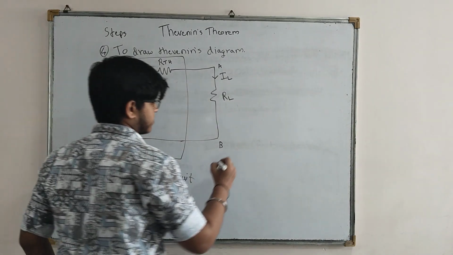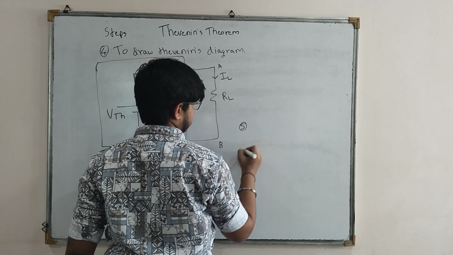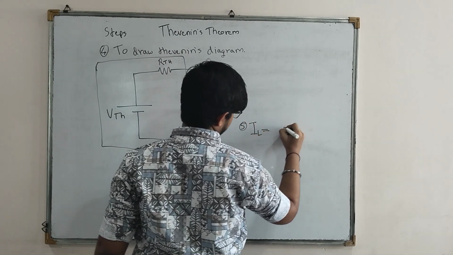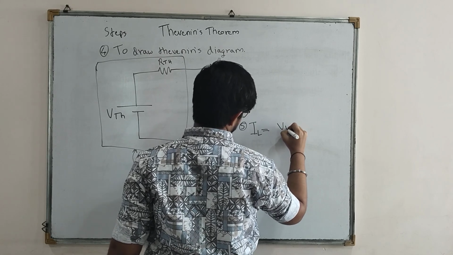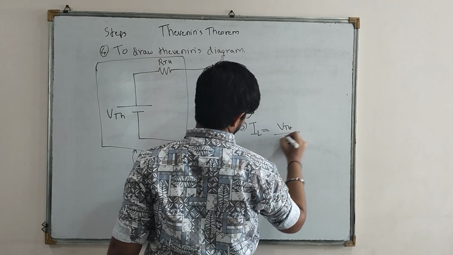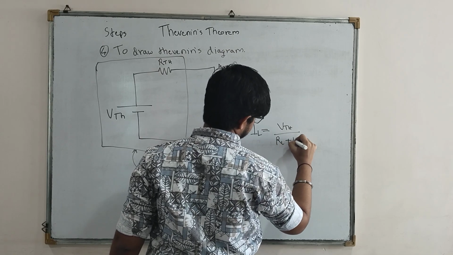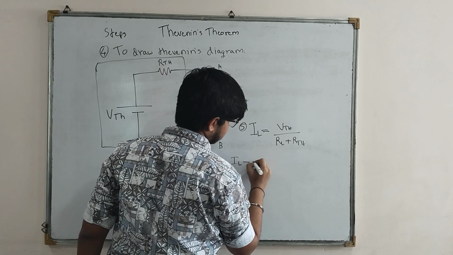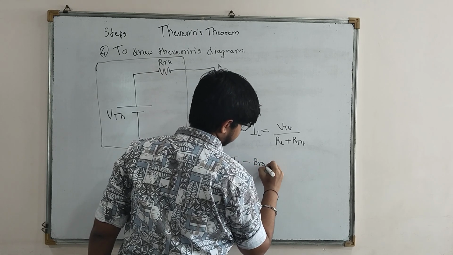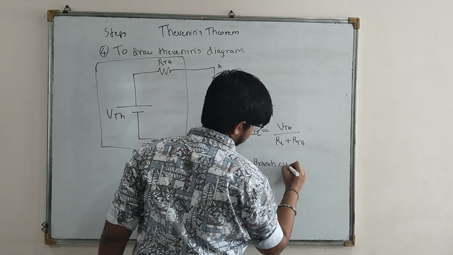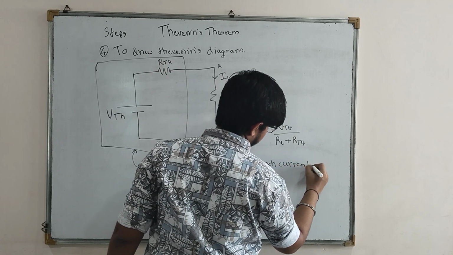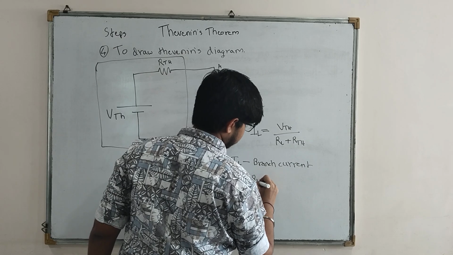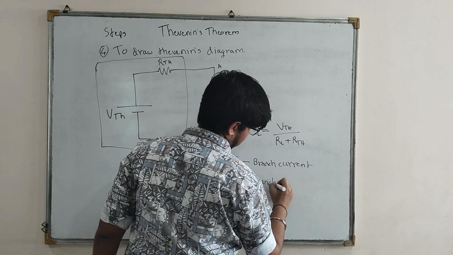And step 5 is to use the formula, that is IL is equal to VTH upon RL plus RTH, where IL is the branch current, RL is branch resistance.